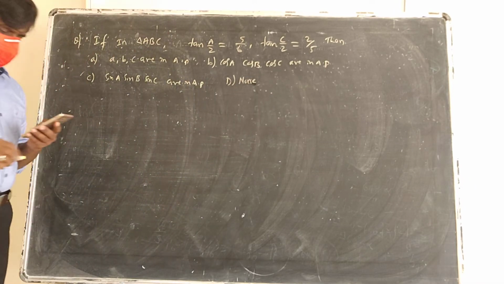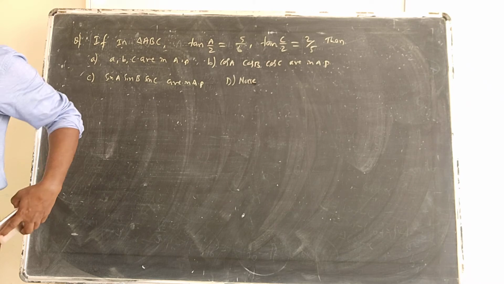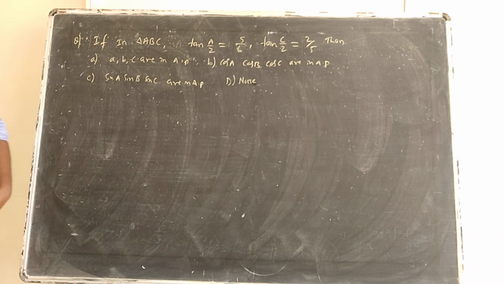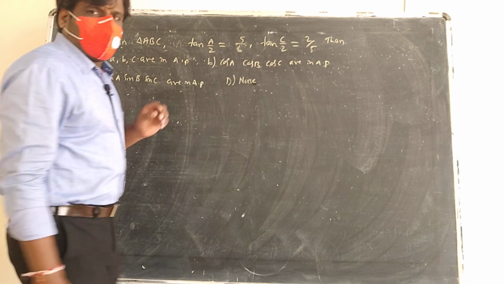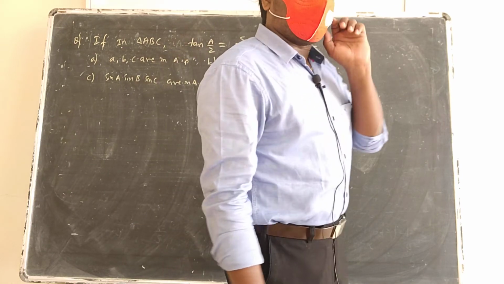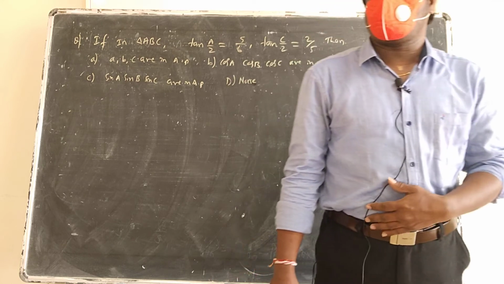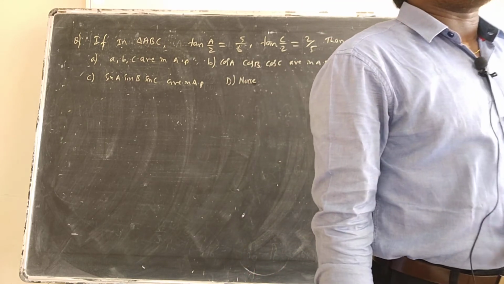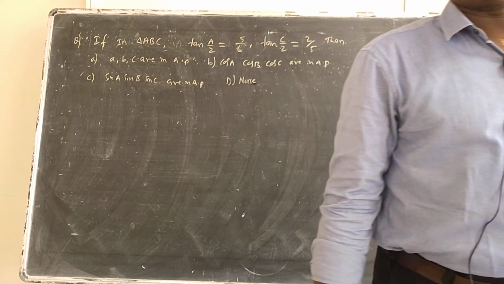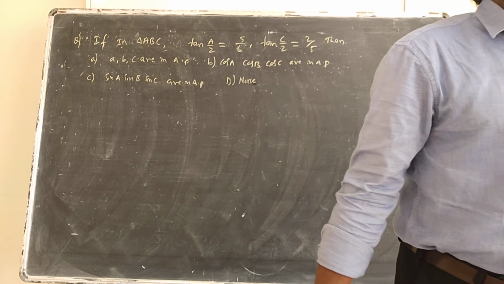So let us discuss this question now. After that I'll discuss the previous year JEE questions. In JEE Mains, solution of triangle, they will ask easy questions. Only in JEE Advanced they ask difficult questions. Solution of triangle is most important for Advanced, not for Mains.